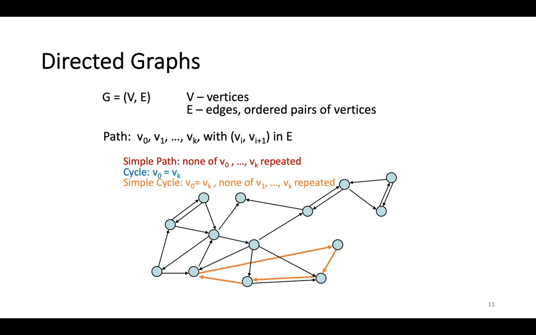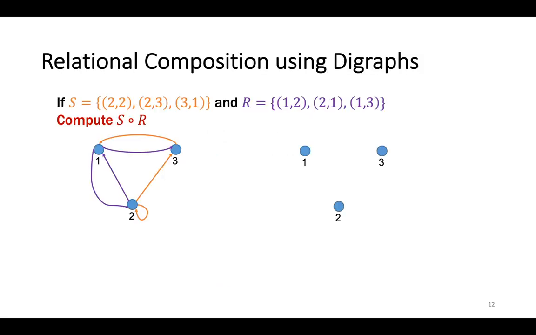Simple cycle has one repetition on starting and end point, and we have seen we can use this graph to combine two relations. Here we have S orange, R purple. So when you combine them together, we can make this graph again.